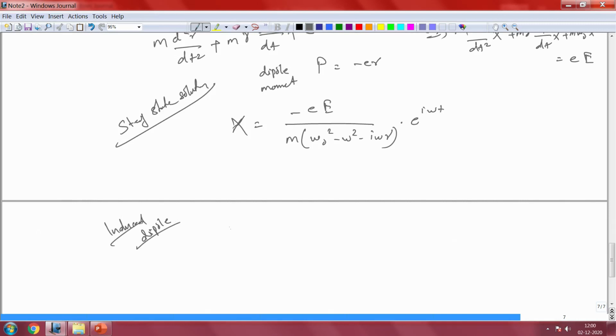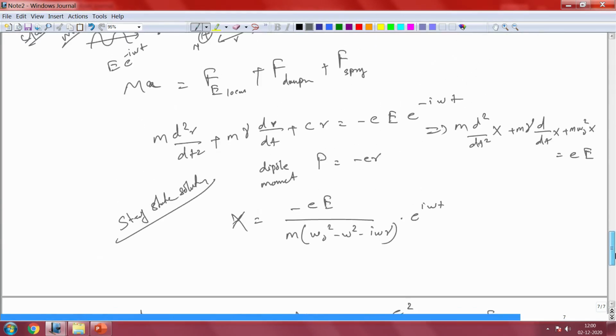So the induced dipole P equals minus E times x here, right, and that is nothing but E squared over m times omega naught squared minus omega squared minus i gamma omega, times E. All right, so this is our induced dipole.